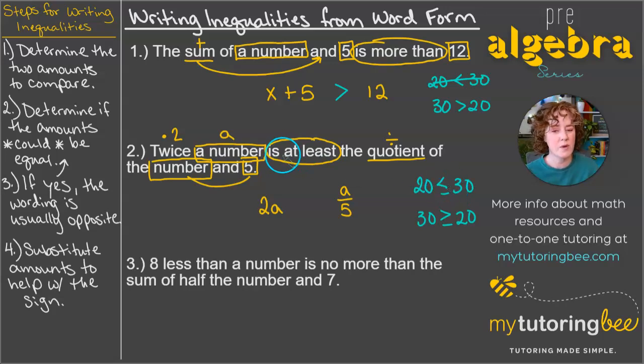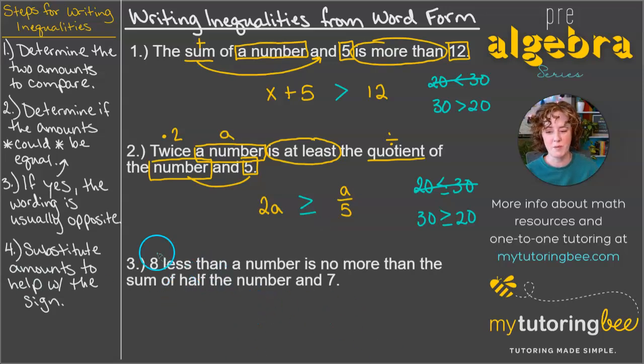Which of these can I read as "is at least"? 20 is at least 30. Well, it's definitely not equal to 30, but it's not at least 30 either. 30 is at least 20. That one works. So I'm going to be using this greater than or equal to, and I was correct that the wording seems a little bit opposite from the actual symbol that I used.